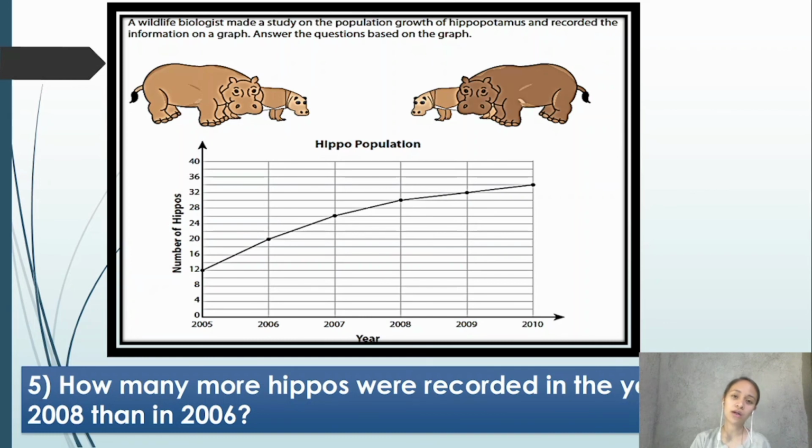What operation are we going to use? We are going to use subtraction. So, 30 from 2008 minus 20 from 2006, which is equal to 10. So, there are 10 more hippos recorded in the year 2008 than in 2006.